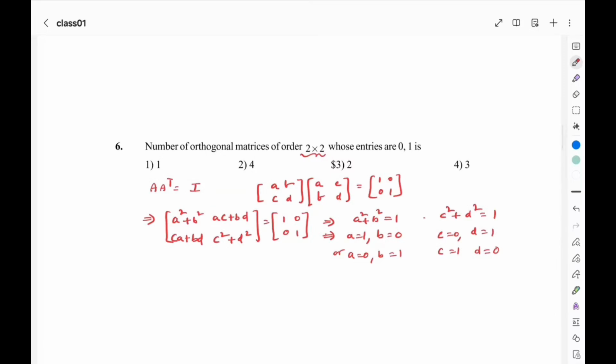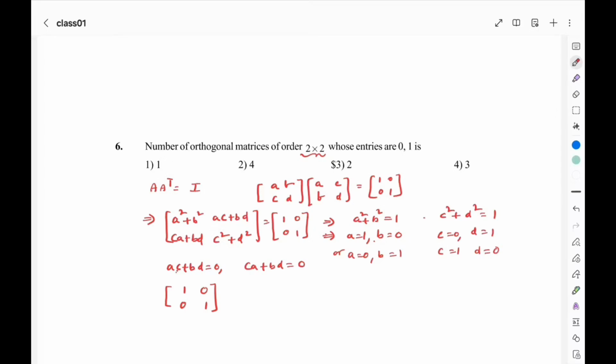So based on this, at the same time, AC plus BD must also be 0. Suppose I take this option, A as 1, B as 0, then C 0, D 1.